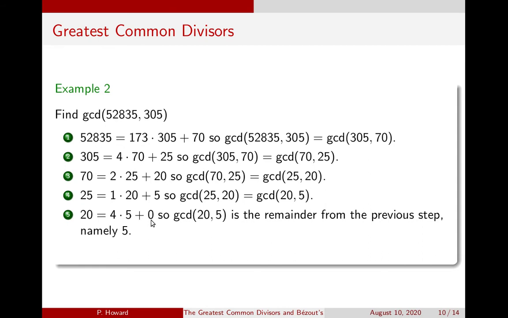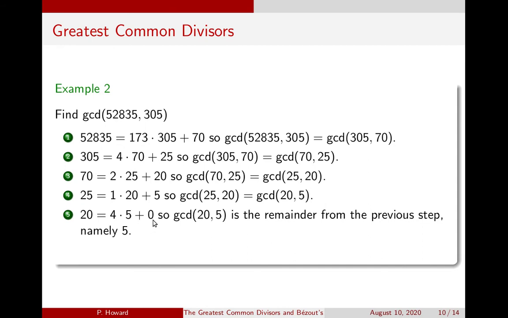So when you get a remainder of 0, as we did here, we know that 5 is the greatest common divisor. 5 is a divisor of 5, and according to this equation, 5 is also a divisor of 20, so it's the greatest common divisor.